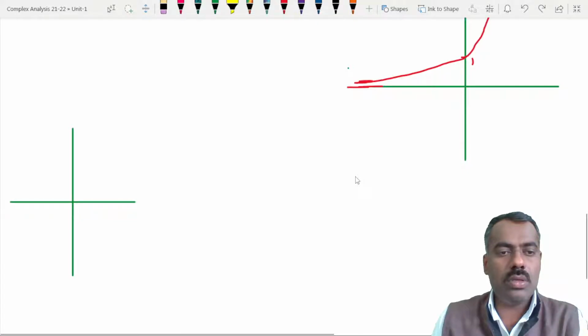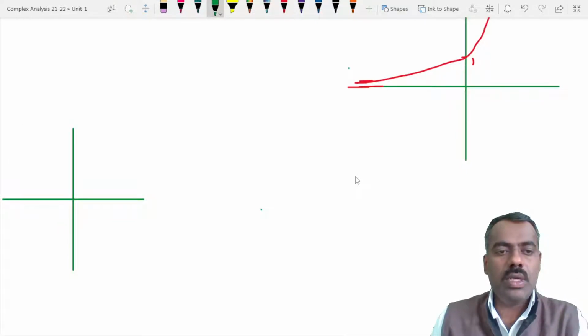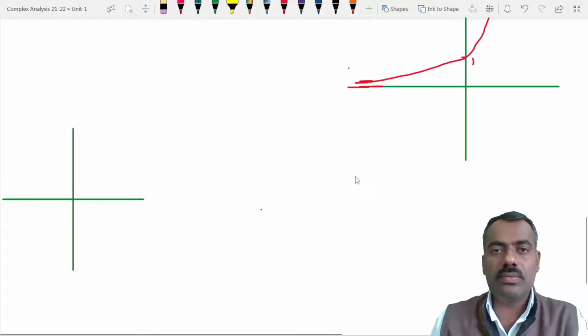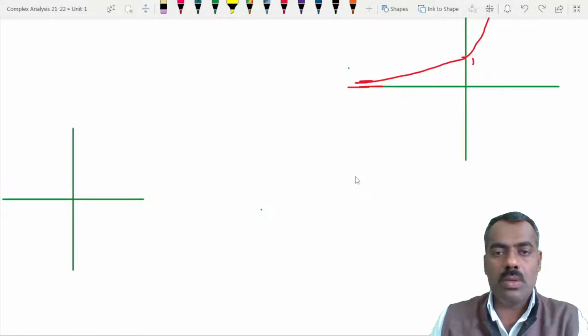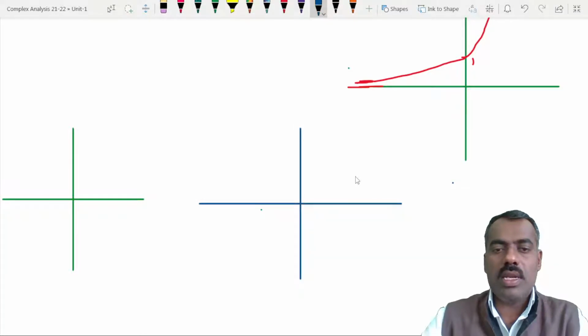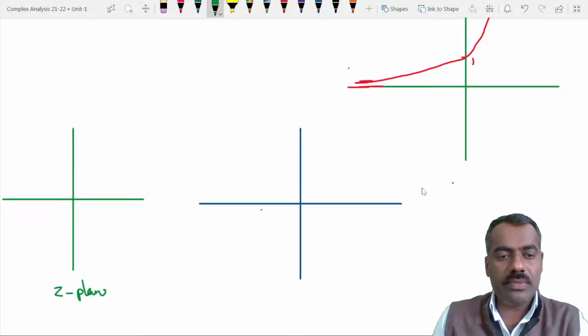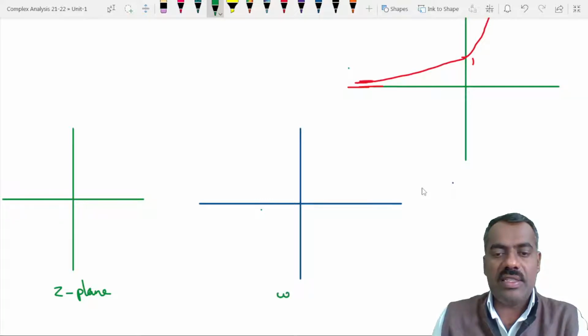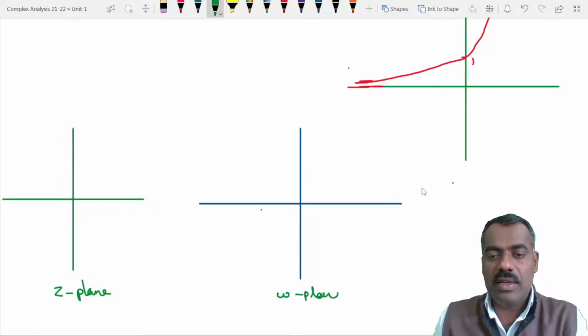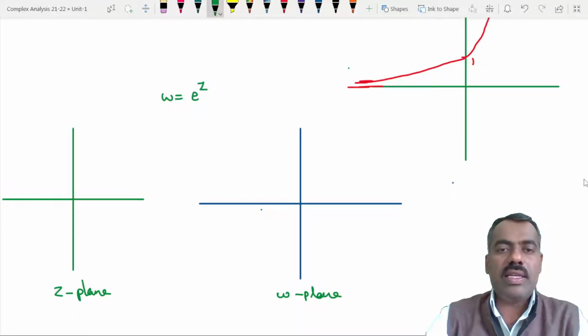This is one, then let me take another one with another color. Let me write this as the z plane, where z is x plus iy, and this is w, which is f of z. Our function f of z is e power z, which we will write as w. Our w here is e power z, right.